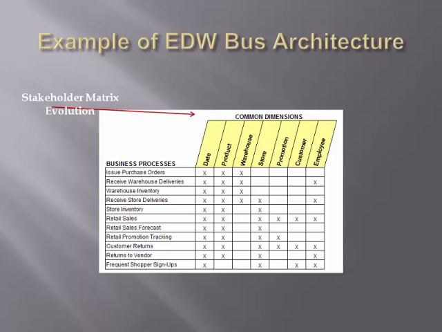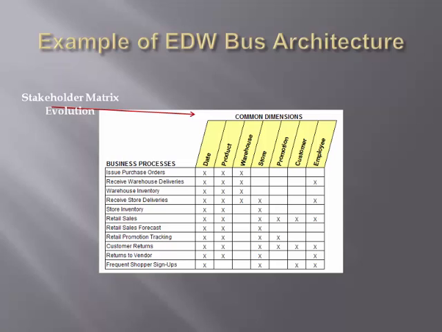This provides better query performance, and it's easy to use this way. As far as the columns are concerned, it is always better to identify the dimensions before filling out the information in the matrix. So after both the rows and the columns have been identified, then you mark X across each row and column by identifying the dimension against each business process.